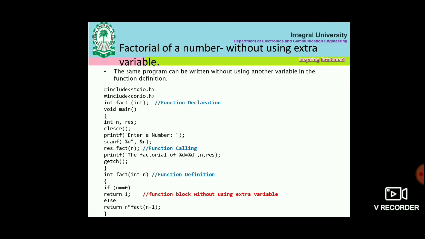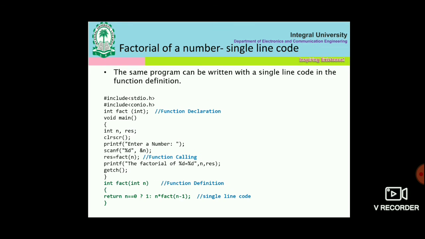There is one more method in which we can write this recursive program in a single line. The single line statement for executing this program has been marked with a green color inside the function definition, where it says return n equals to 0 question mark 1 colon n into fact of n minus 1.